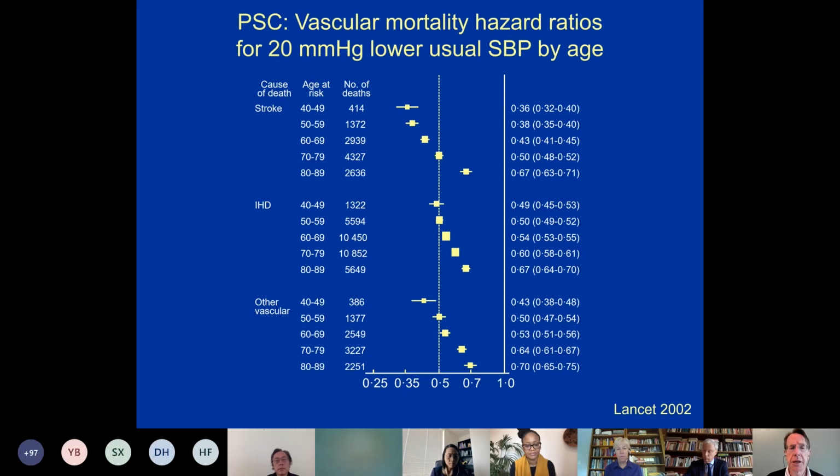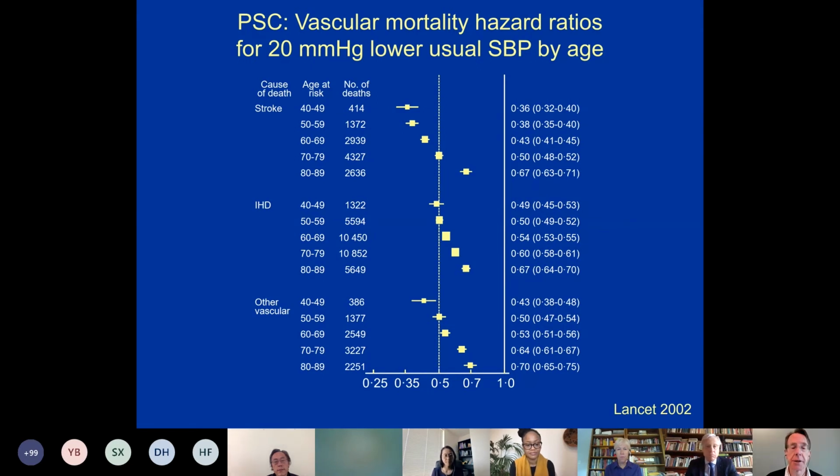One can look at this in more detail for stroke, for coronary artery disease, and for other vascular causes. For each of these three causes, it's a log linear association, and the slope of that log linear association is steeper at younger ages.